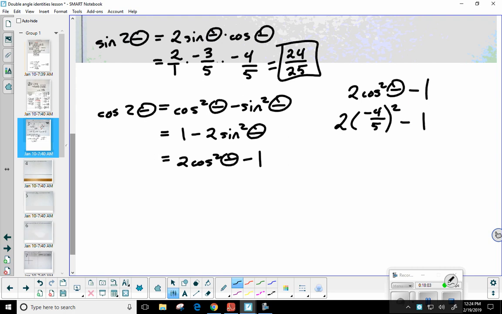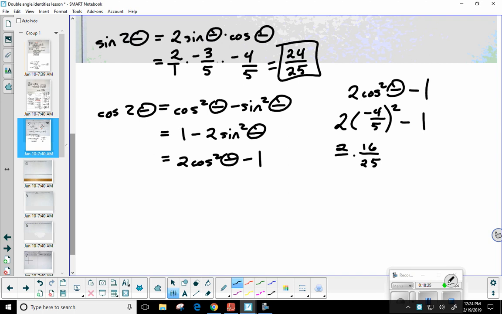And then we have the minus 1. And now it's just the algebra. Okay. So we take it one step at a time. What would negative 4/5 times negative 4/5 give me? Okay, so 16/25.